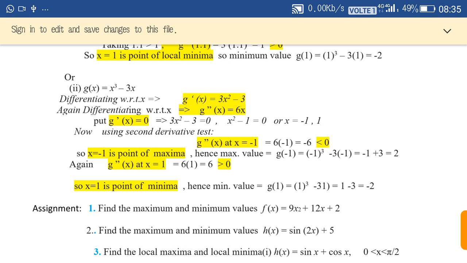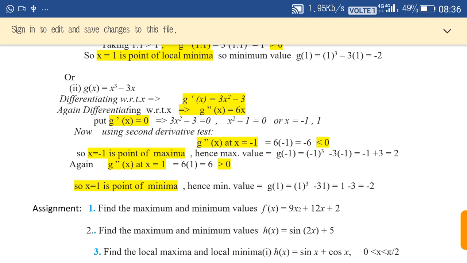So x is equal to 1 is the point of minima, and the minimum value is obtained from the original equation, putting x is equal to 1, that is g1, so after calculation, the value is -2.